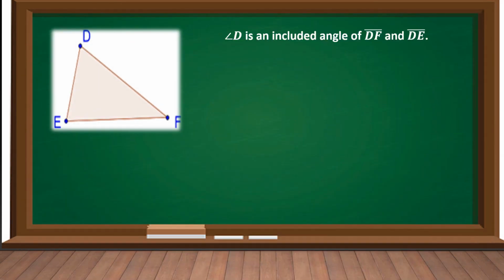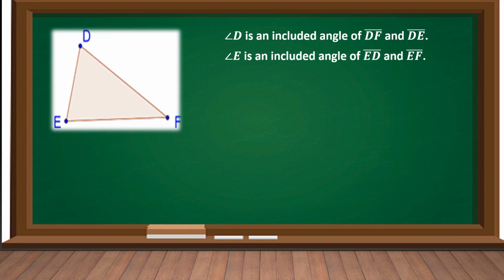Let us have first angle D. Observe, angle D is an included angle of side DF and side DE.